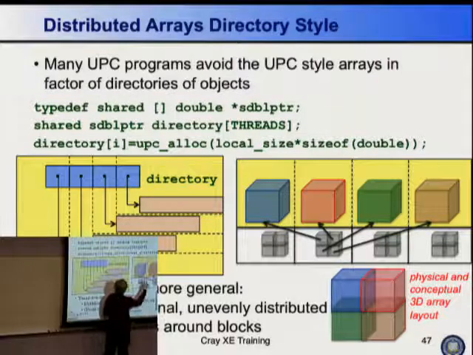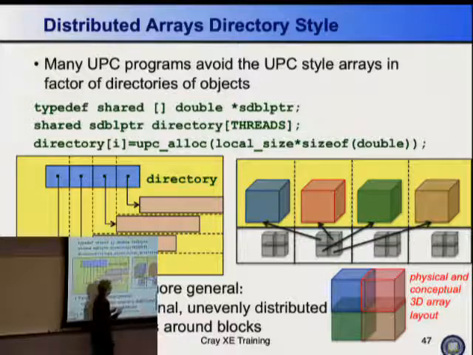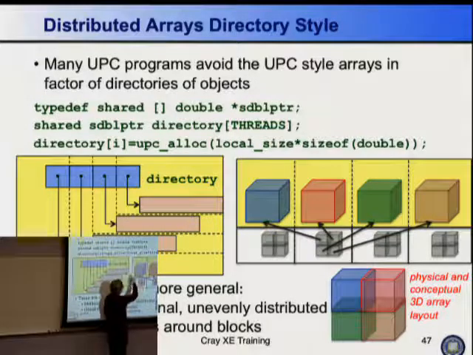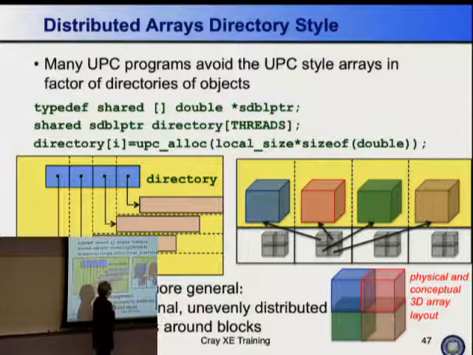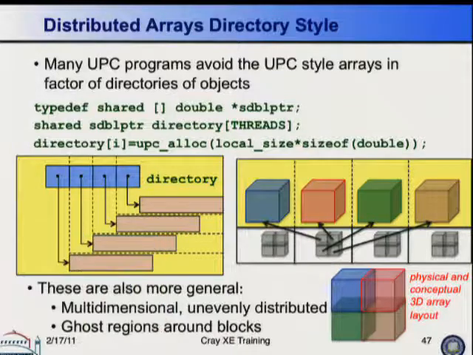And we'll put a little skeleton of that array on every thread. And then every thread will have a pointer that points to the chunk of data that is owned by every other thread in the system. So you've replicated a little bit of the state of the data structure, and then used global pointers to hold most of the data. This is a very common style in UPC programs, especially for multidimensional array-based programs.